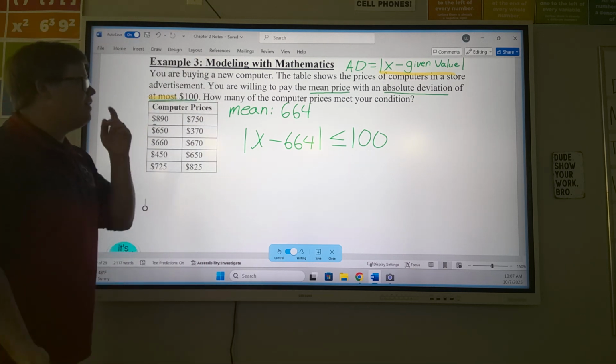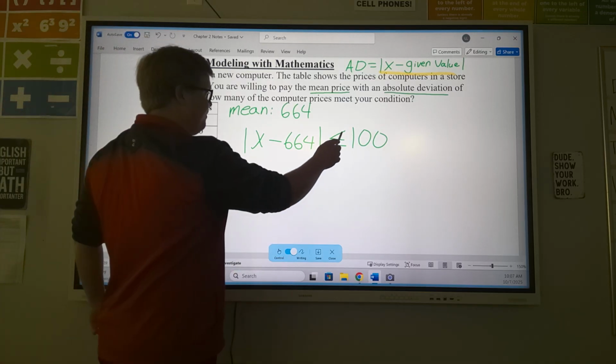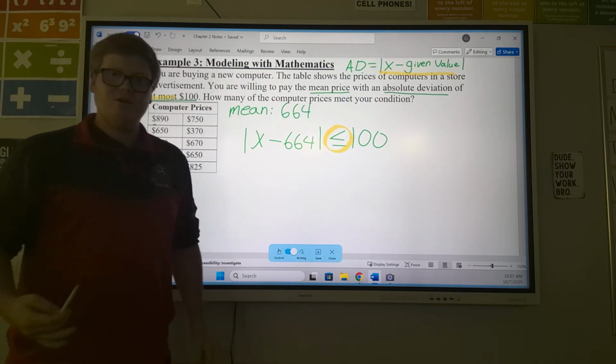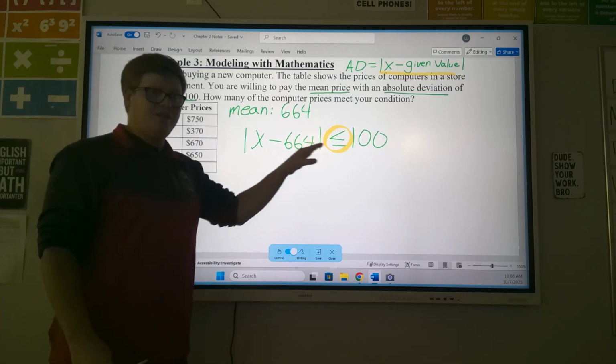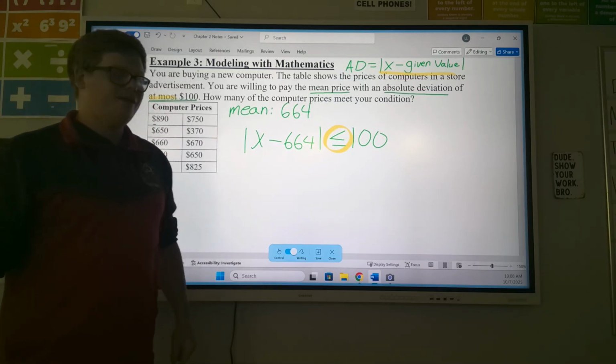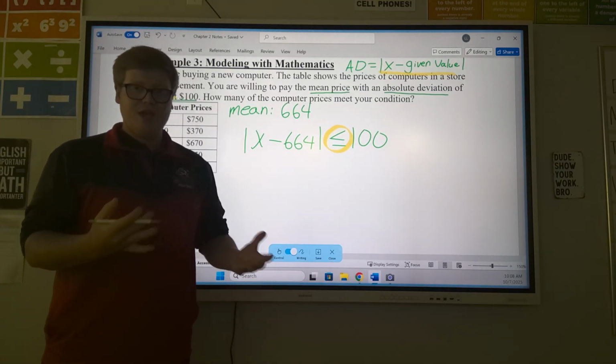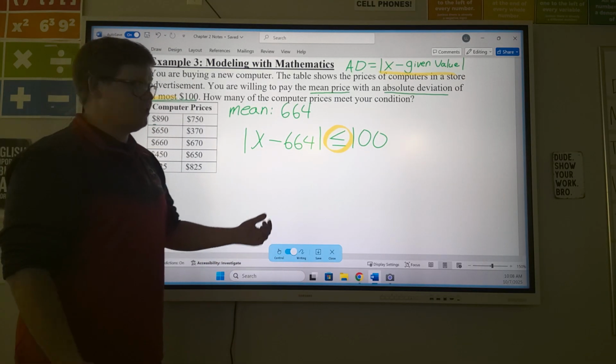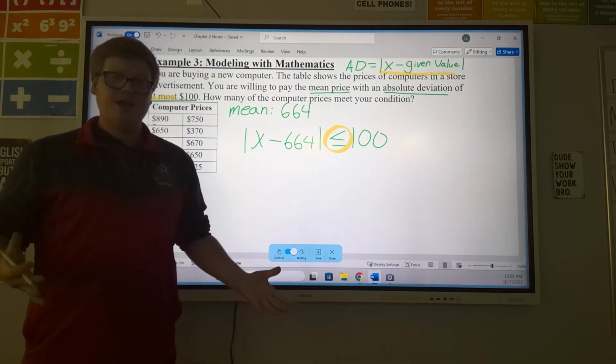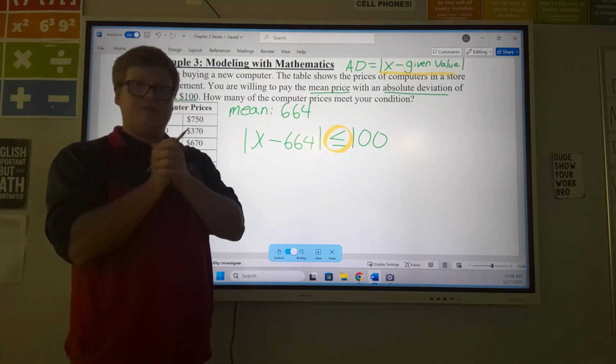Now we just solve it. We need to figure out, does this symbol make it an and or an or? Well, since our absolute value is less, that means it's an and. So since it's an and, we don't have to write two different equations if we don't want to. You can, if you want to write two different equations like we just did, you totally can, but you're going to have to put it together in a compound inequality at the end.